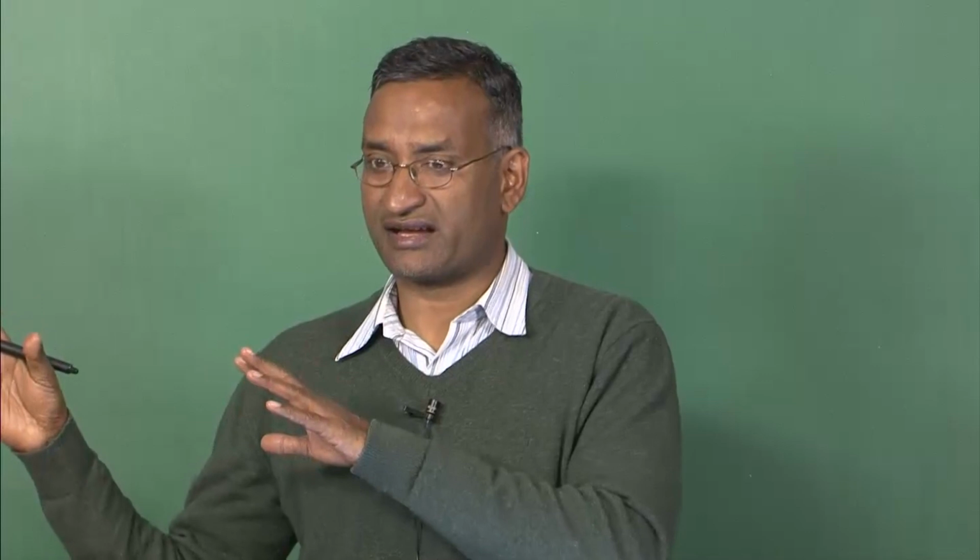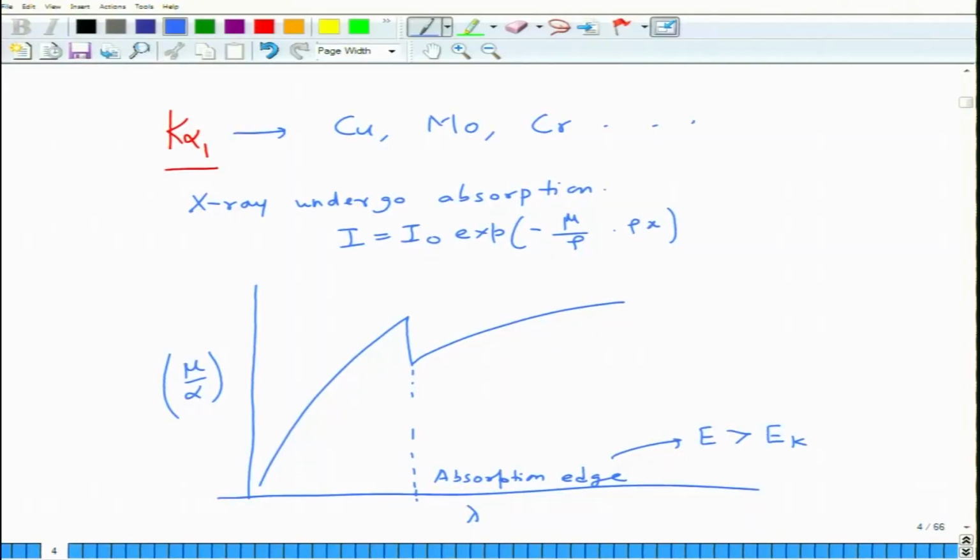So the moment its energy is higher than the K binding energy, it can eject a K electron, which means that energy is absorbed, because now energy is spent in ejecting the K electrons. So the incident radiation will lose its energy.